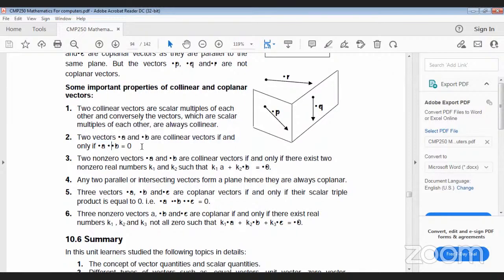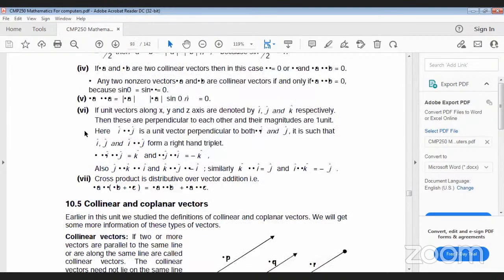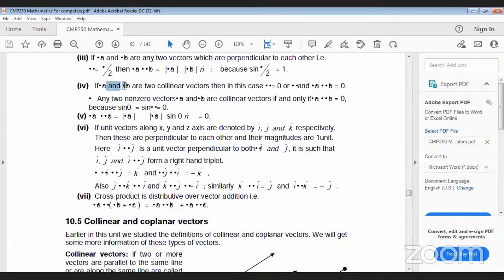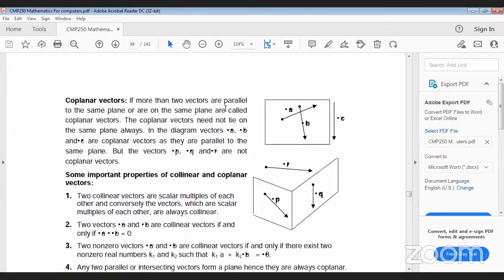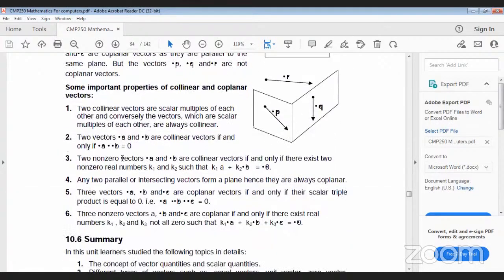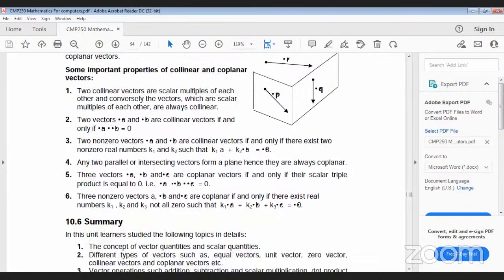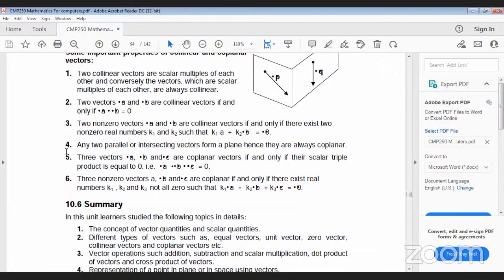For A cross B, na? See, if they are collinear, then A cross B equals 0. Two non-zero vectors A and B are collinear vectors if and only if there exist two non-zero real numbers k1 and k2 such that they are scalar multiples of each other.